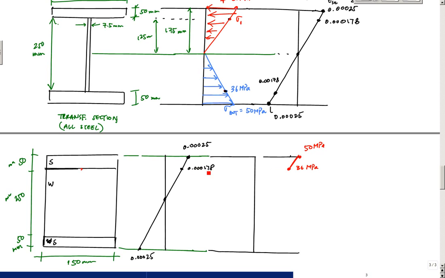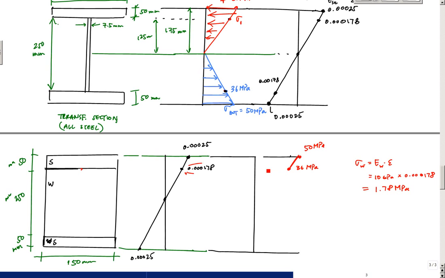And now I've got to take this strain value right here, and to calculate the stress in the wood at this point, I would say sigma wood at that point is equal to the E of the wood times the strain at that point, which in this case is 10 GPa times 0.000178, which makes this 0.001 GPa, which is 1.78 megapascals. Okay, so if you just do the units conversion right here.